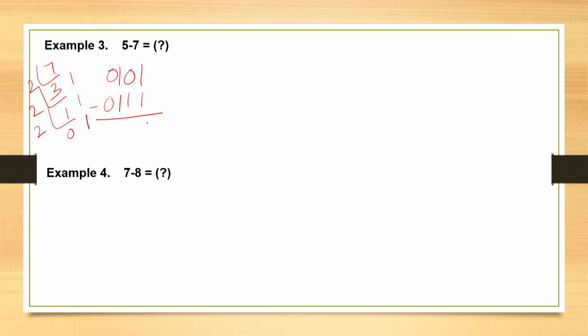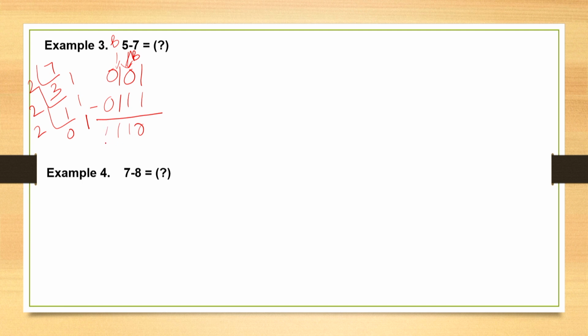1 minus 1, obviously it is 0. Then here you have to borrow, then again this becomes 0, you have to borrow. So this becomes 1, and you have to borrow it from here.